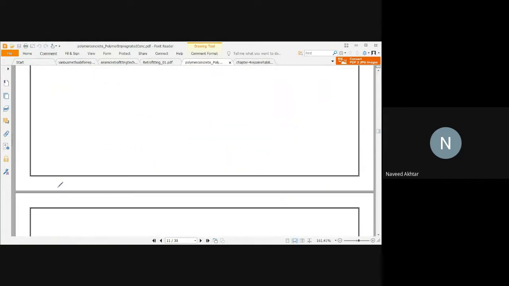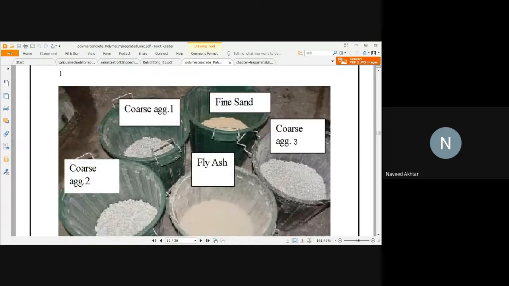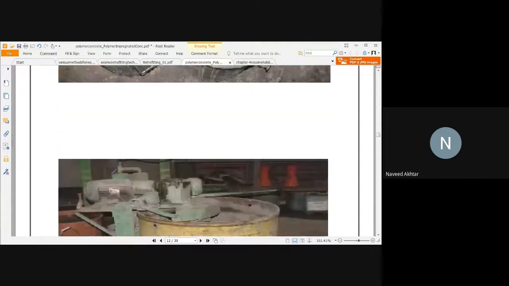So anywhere the polymerization process is there, that is called polymer concrete. And if you are making polymer concrete without cement, the ingredients are fly ash, coarse aggregate, fine aggregate, and different types of coarse aggregate you can see.